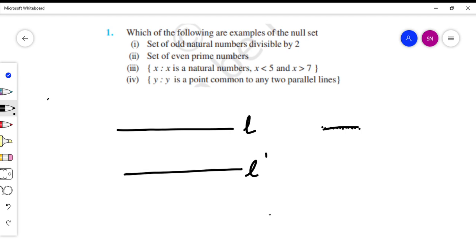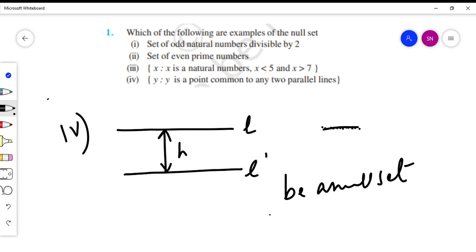If I have two lines which are separated by a distance of h, that is nothing but two parallel lines. And obviously, in two parallel lines, I cannot have a point in common. How can I have any point in common when the two lines are set apart? So therefore, the fourth one will also be a null set.